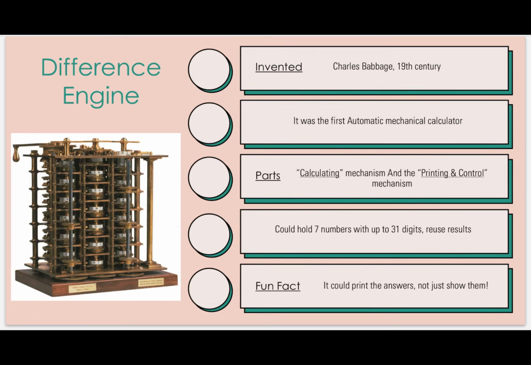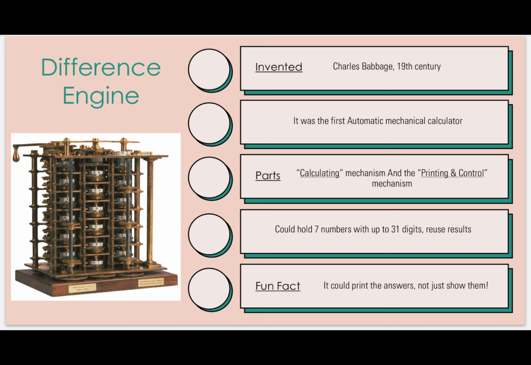Who invented the difference engine? Charles Babbage. Charles Babbage is known as the father of computer. In the 19th century, it was the first automatic mechanical calculator. The first mechanical calculator was the Pascaline, and this is the first automatic mechanical calculator. Which two parts were the main parts of this? The calculating mechanism and the printing and control mechanism.